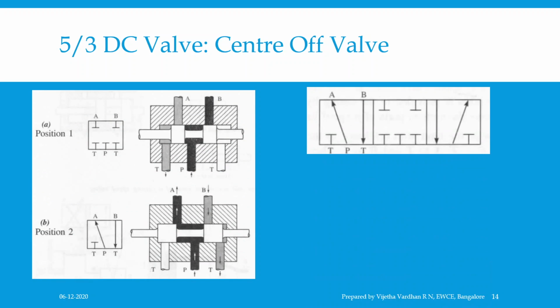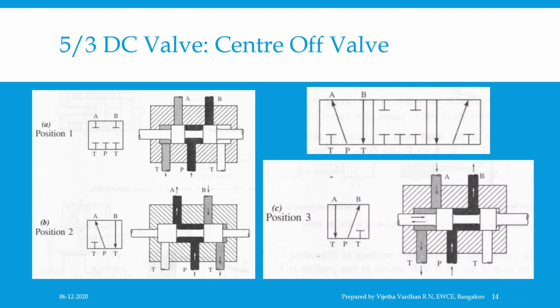A 5 by 3 DC valve is a closed center valve, that is, the valve normal position will be blocking the passage and no flow takes place between P and A and P and B. The flow between P and A, B and T or P and B, A and T is achieved by actuating the spool either to left or right, which you can see in figures B and C.